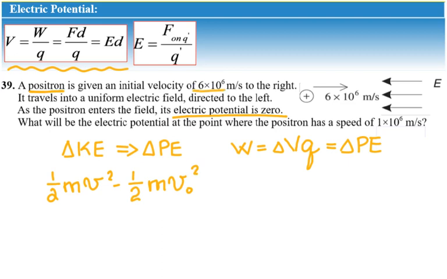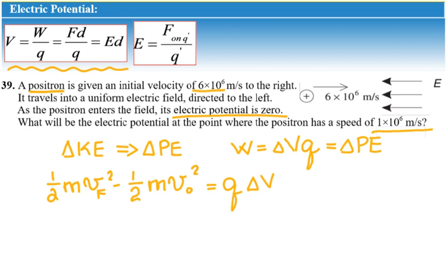They give you the initial velocity and the final velocity. And that is equal to q delta V.